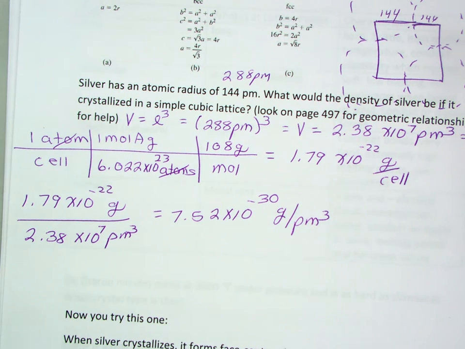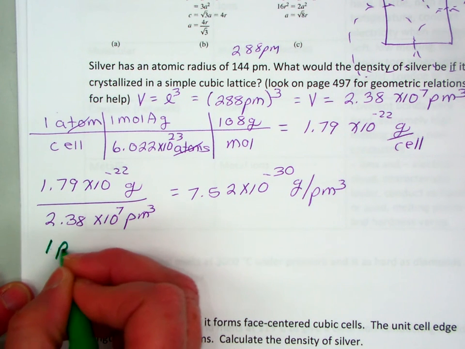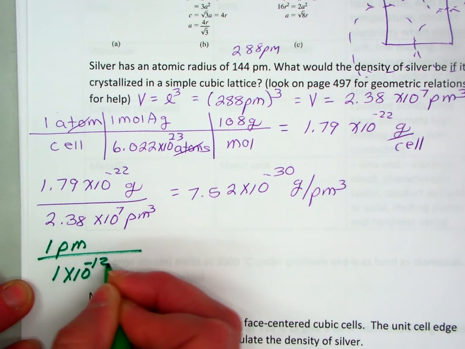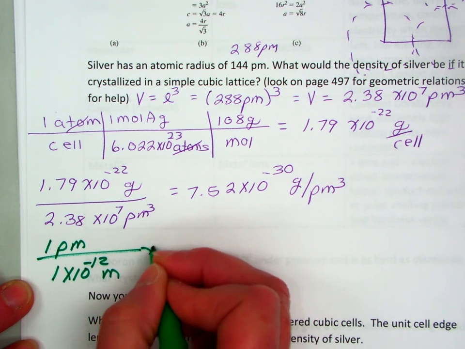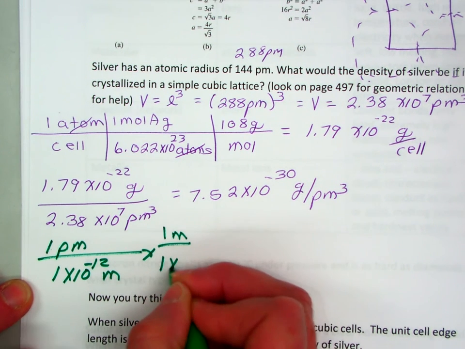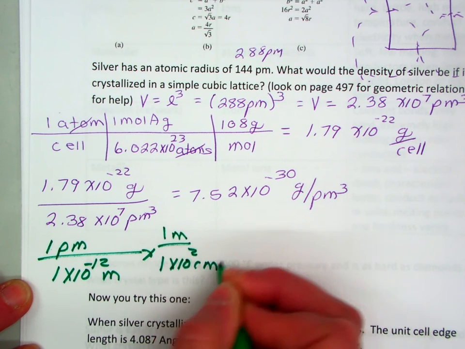Now, what if you were trying to compare this to water, and so you wanted it in some different units. We're used to seeing things in grams per cubic centimeter. So if you wanted to change this, we know that 1 picometer is 1 times 10 to the negative 12th meters. And we know that 1 meter is 1 times 10 to the second centimeters.